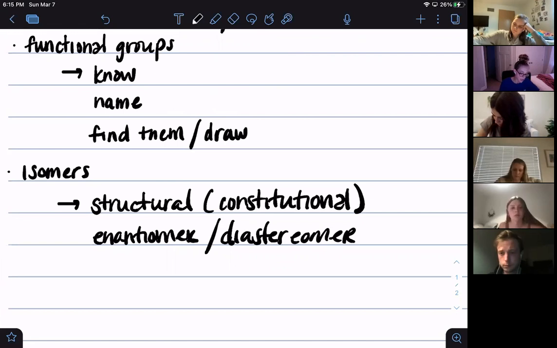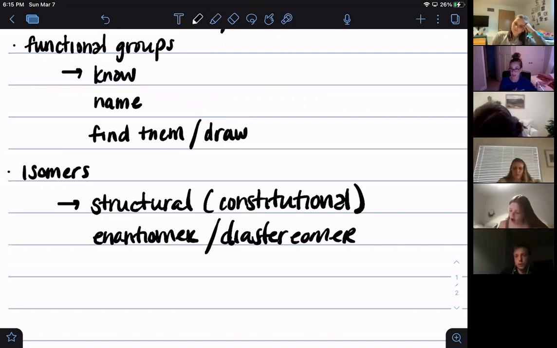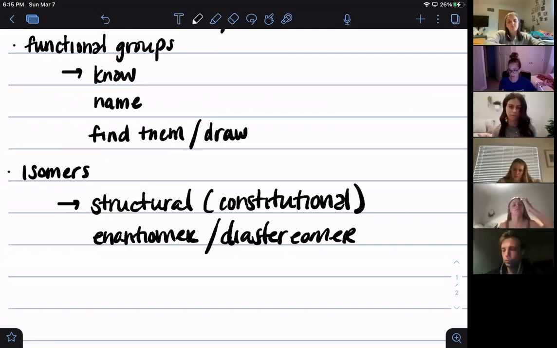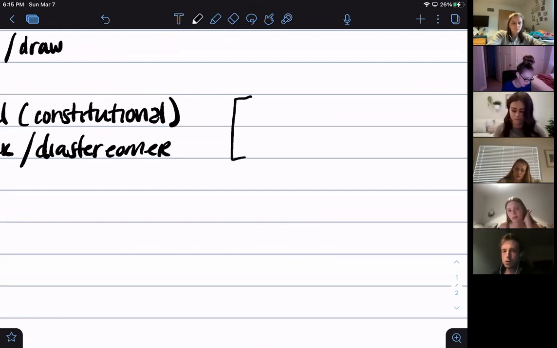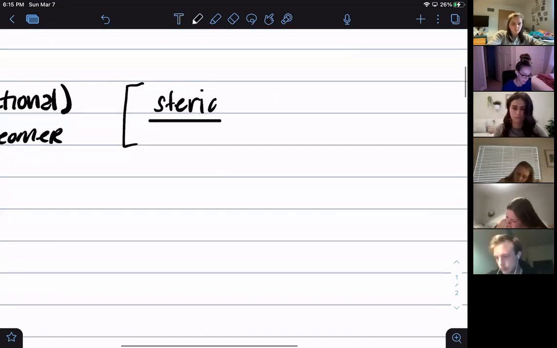Anyway, for isomers, we have structural, which is also known as constitutional. And then you have enantiomers, and then you have the subset of an enantiomer, which is a diastereomer. Key things to know about this, so I'm just going to put a little side note. Stereo or steric is something I want you to get used to because this is what helps us when we're dealing with chirality.